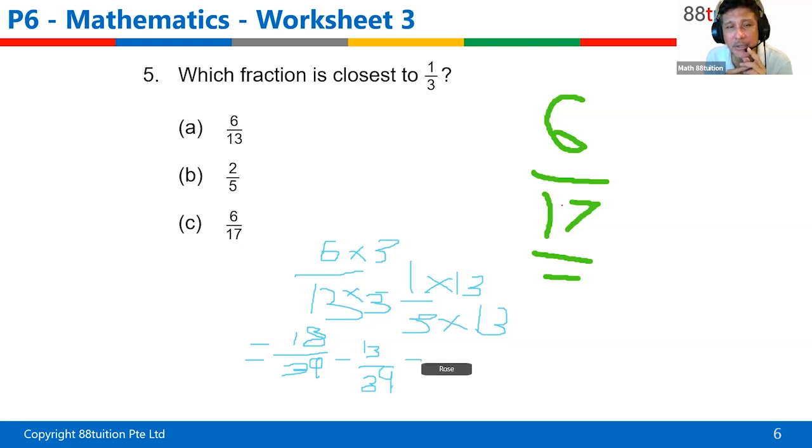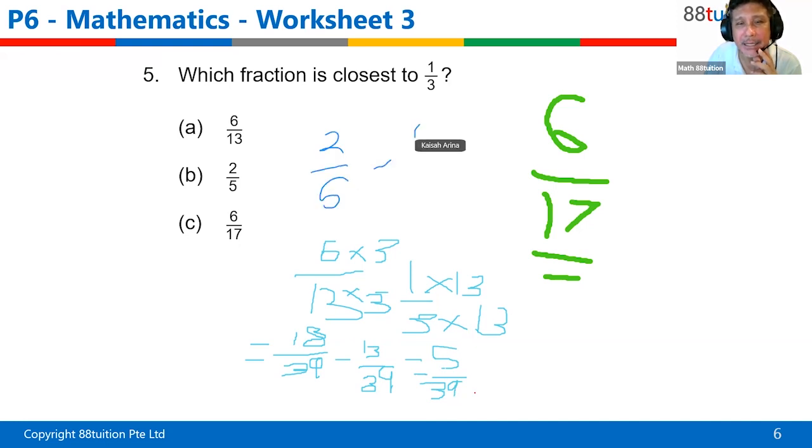So Rose is working on the gap. Samilta has already given the answer, so we don't know what strategy was used. But if you can see what Rose is doing, she's working on the gap. So the gap between fraction A and 1/3 is 5 out of 39.